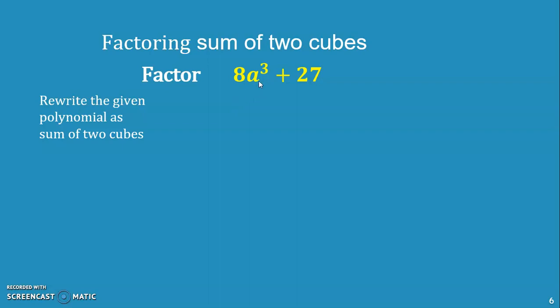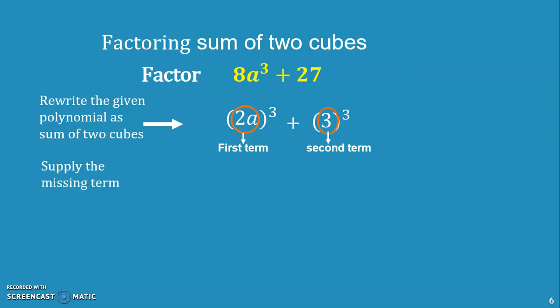Ang cube root sa 8a cubed is 2a, cubed. Plus, cube root of 27 is 3. So, ito yung second term.